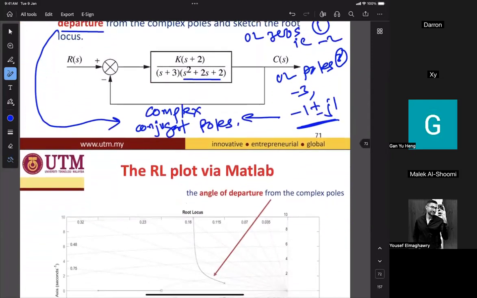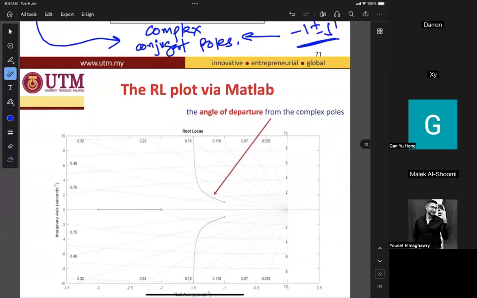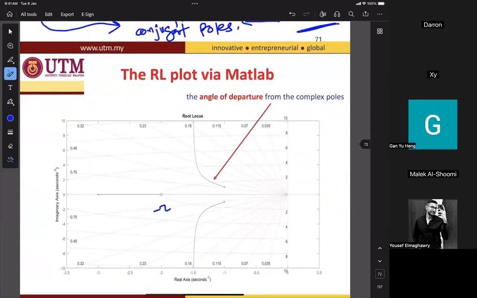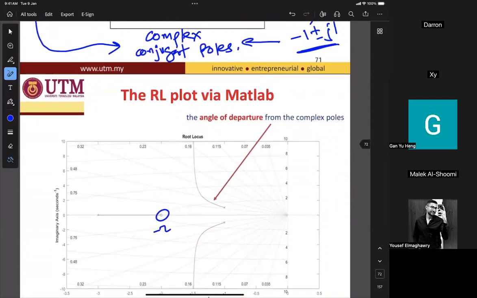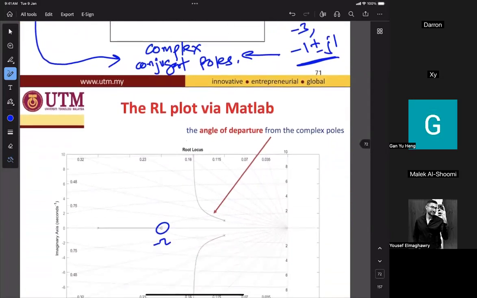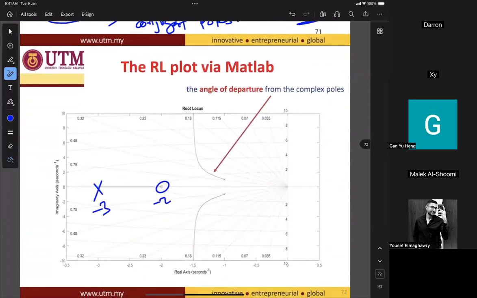The zero is at -2, the pole is at -3, and the complex conjugate poles are at -1 plus or minus j1. This is the origin, real axis, imaginary axis.